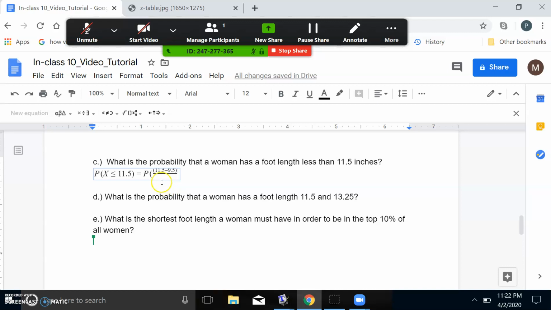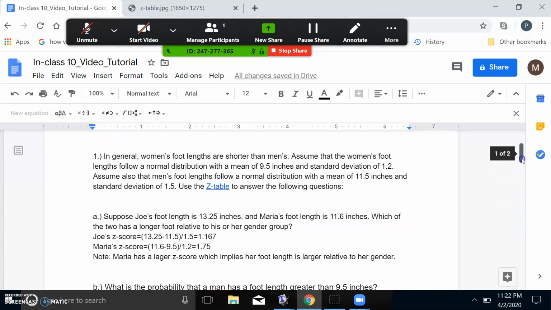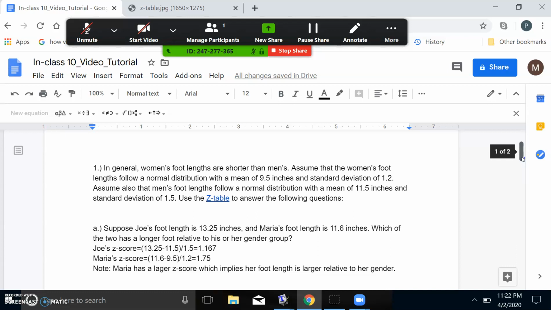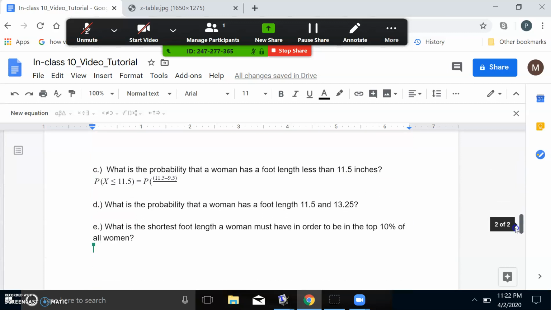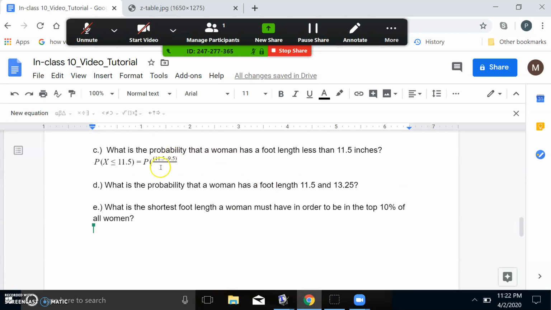Over, oh sorry, I forgot my z in front here. Over the standard deviation for women, which is 1.2. Okay, let me add in my z here.